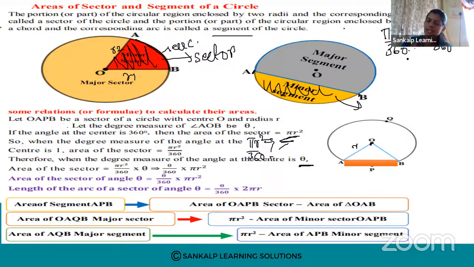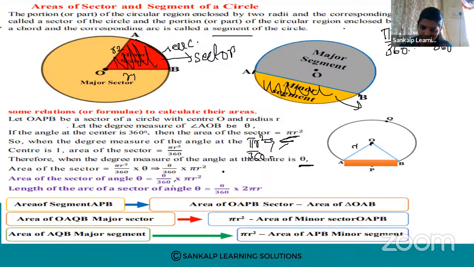Because the angle is given to us and we know it, you use theta divided by 360 into pi r square, right? Therefore, when the degree measure of the angle at the center is theta, the area of the sector of angle theta is theta divided by 360 into pi r square.